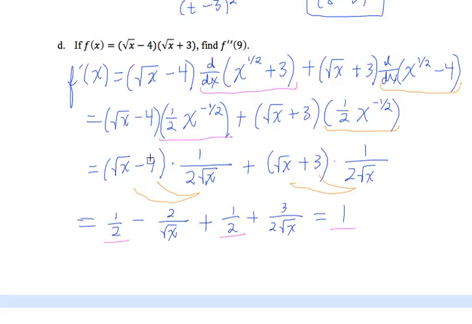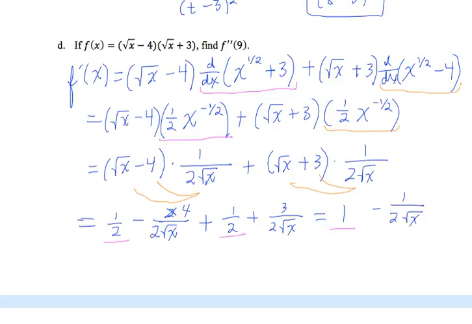So basically what I'm going to do is undo this 4 over 2. I had simplified it to 2, but let's just leave it as 4 over 2, because then I can combine this term with this term because they have the same denominator. So negative 4 over 2 root x plus 3 over 2 root x, we'll add those numerators. Negative 4 plus 3 is negative 1 over 2 root x.